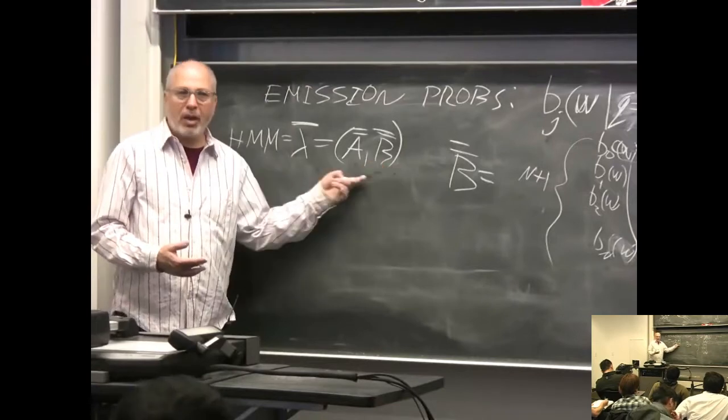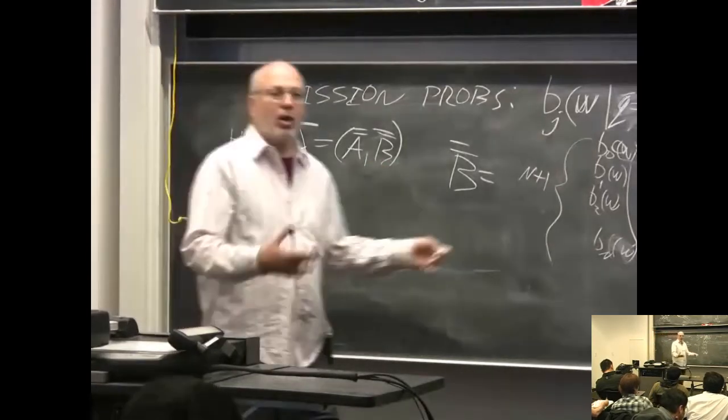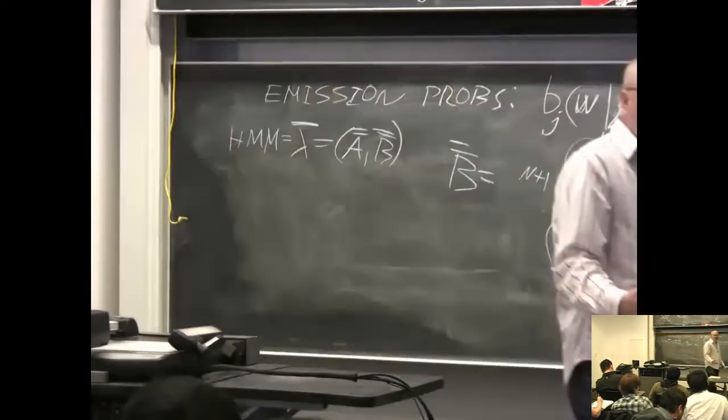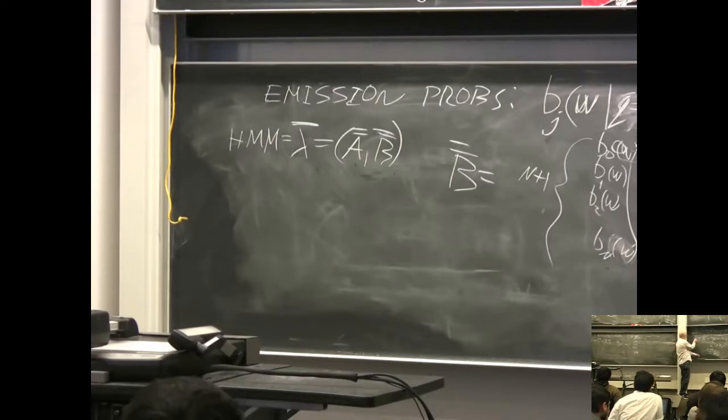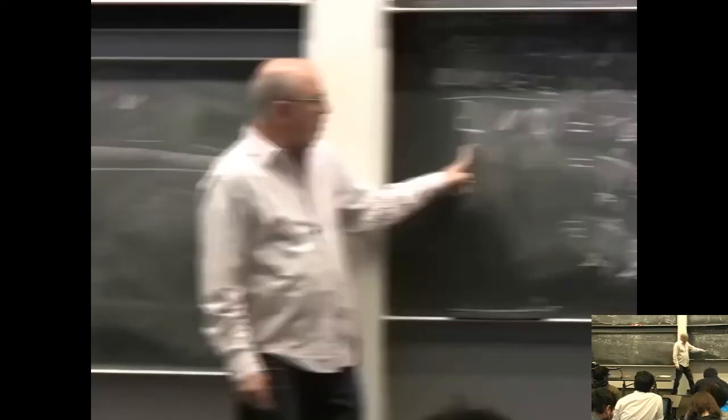Once you're given the numerical values, you have the model in your hand, and you can, in principle, calculate the probability that this model assigns to any text. We did it here. So I should write here, under knowing a particular model value, this is what determines the A's and the B's.